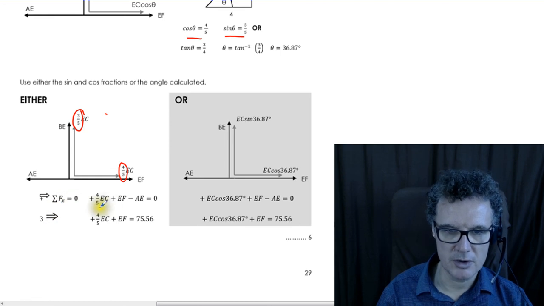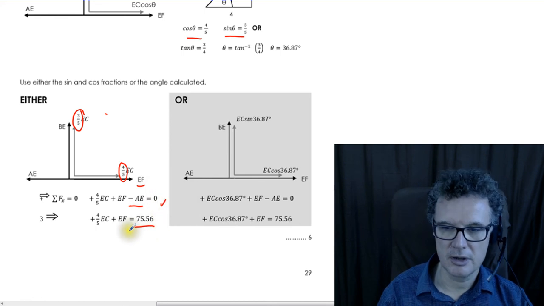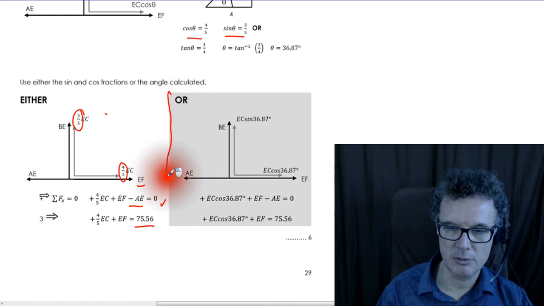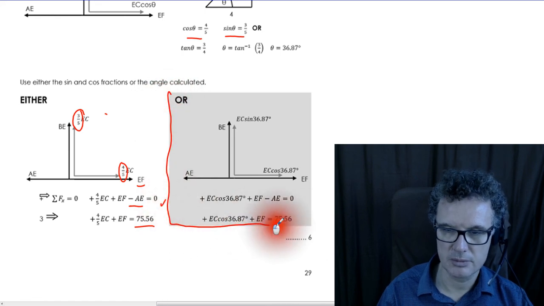So what we've got is the 4/5 EC pointing off left to right. We've got the EF pointing off left to right, and then we've got AE pointing right to left, so we need to put a negative there. I know the value of AE, so I'm going to introduce that into my equation now after I've established this line. And then not much else I can do but move on. So there's the alternative approach if you're going to use angles.